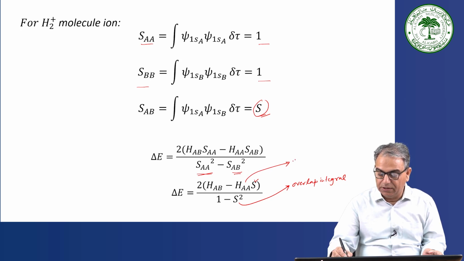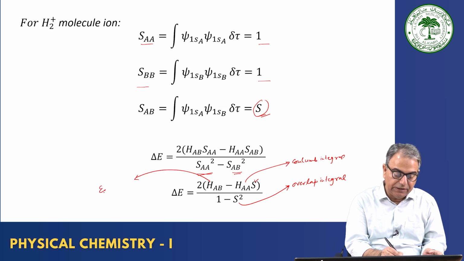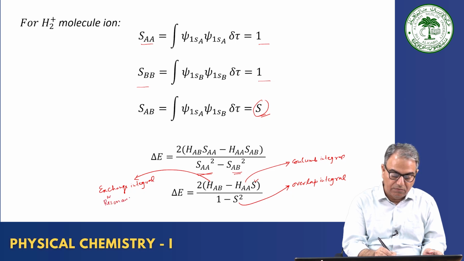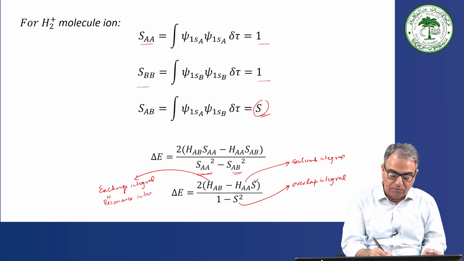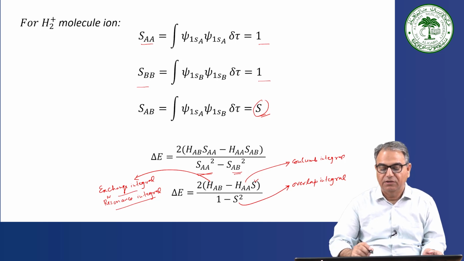HA is the Coulomb integral, and HAB is the exchange integral or resonance integral. When you write H, the Hamiltonian is there. When you write S, the Hamiltonian is not there. This is an easy way to keep it in your mind.